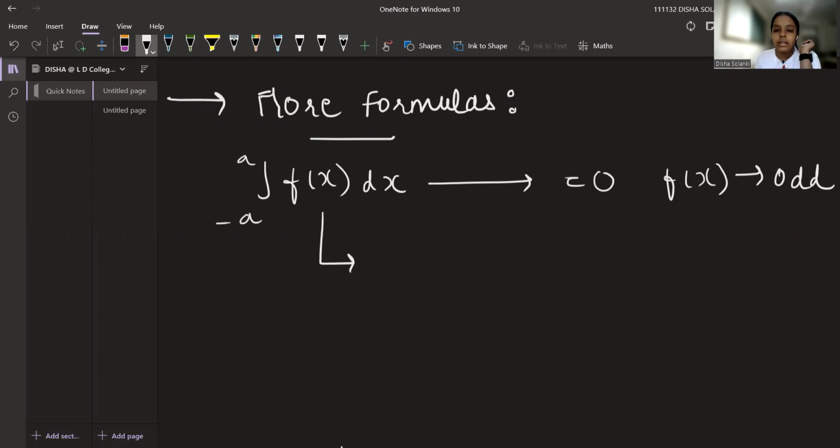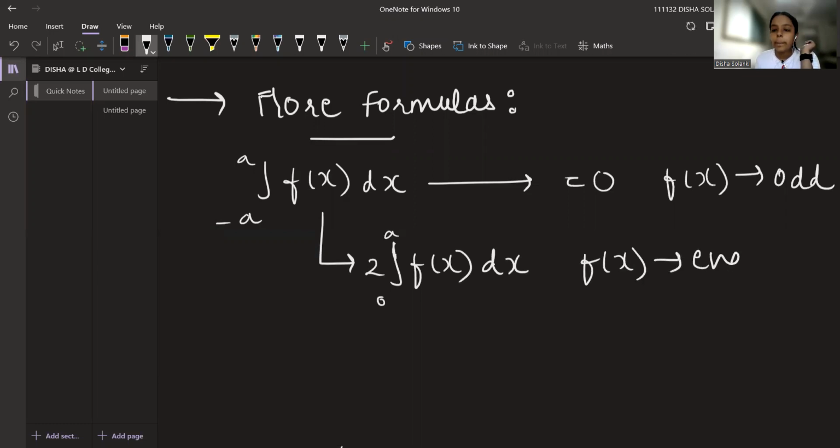And it will be equal to 2 into integration 0 to a f of x dx if the function given is even function. So you can directly get the answer.